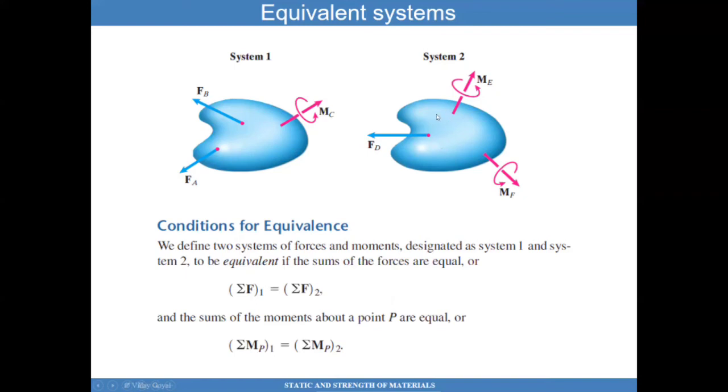And it also needs to be equivalent if the sum of moments about an arbitrary point P for this system and for this system are the same. So again, if I sum all the moments about a point P for this system and I sum the moments of all the forces and moments about a point P here, when I add them up, if this moment is the same as this moment about an arbitrary point P, then we call these two systems equivalent.